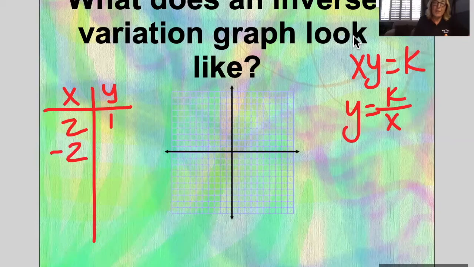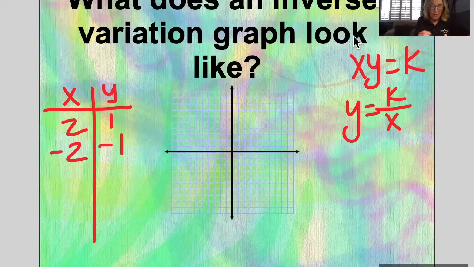Then negative 2 divided by negative 2 would give us negative 1. What about an x of 0? We can't have that because we can't divide by 0. But an x of 4 would give us a y of 1/2, and an x of negative 4 would give us a y of negative 1/2.